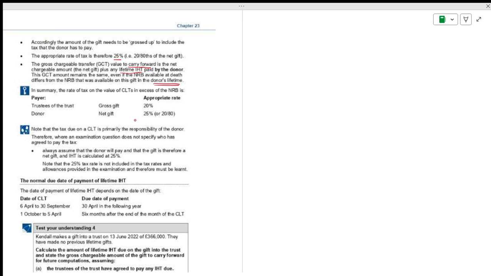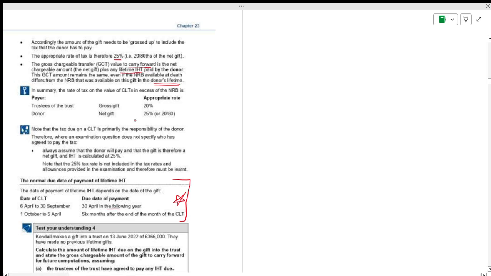Note that the 25% tax rate is not given in the examination, and the allowances provided must be learned. The normal due date of the payment of lifetime tax is 6 April to 30 September, the date of the CLT, and the due date of payment is 30 April in the following year.